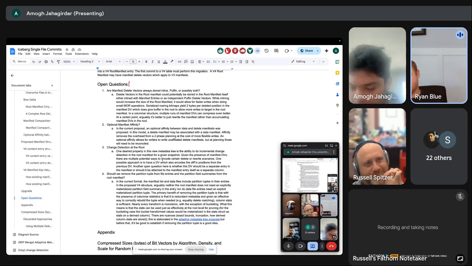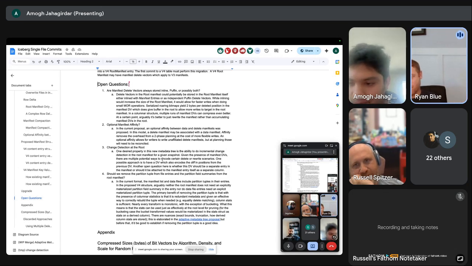So you would have a stats bundle for bucket of ID, a derived value for a single data file if there is a single derived value, or a range of values, lower and upper bound, if you have multiple values within the file. So using this derived value field, if there is one and only one value for a given expression or transform, we can basically store the exact same data.